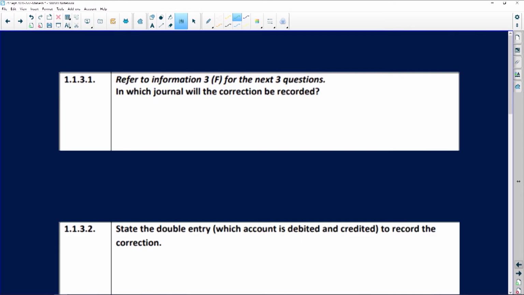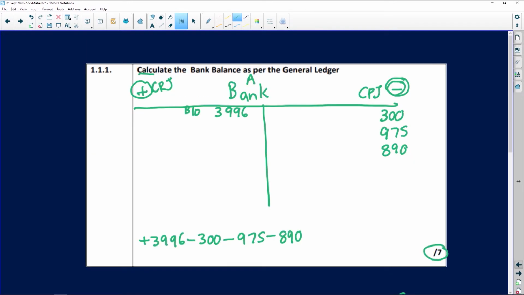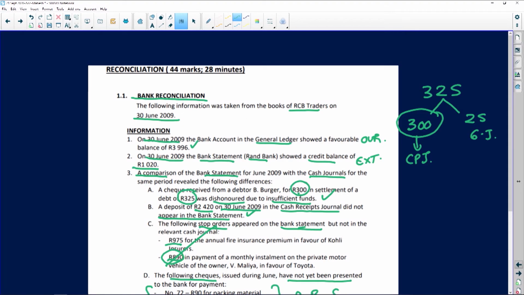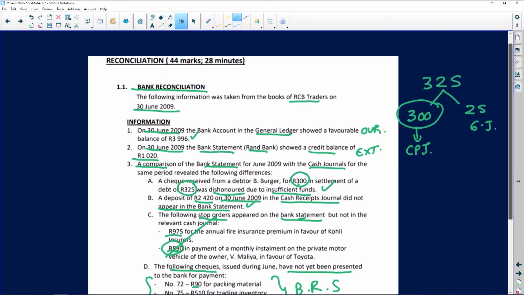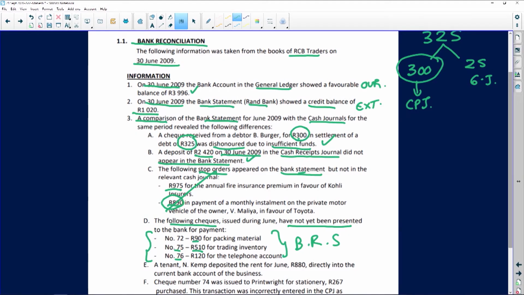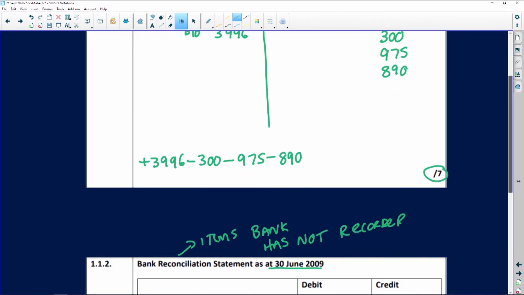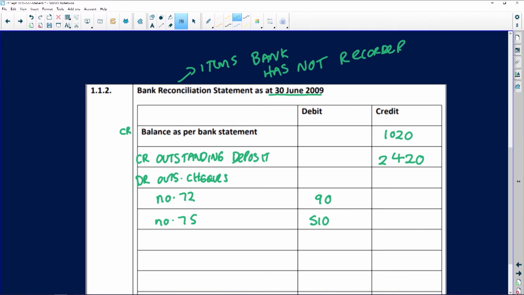Let's just quickly double check that it was for 510 Rand. I just want to go back. Okay, so it was 90 Rand, 510 Rand, and then check number 76 for 120 Rand. So let's fill that in. Check number 76 for 120 Rand.